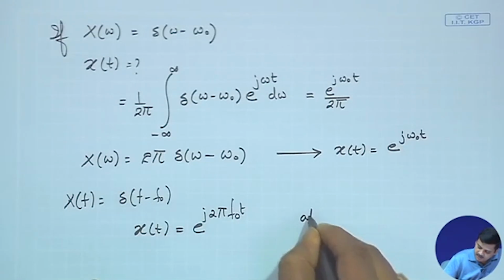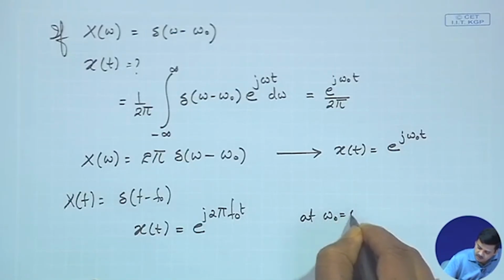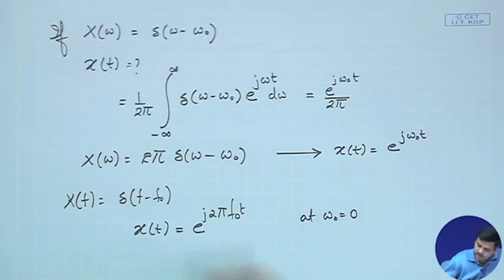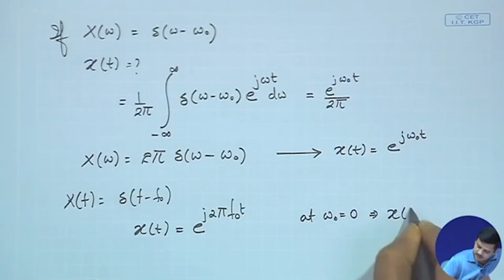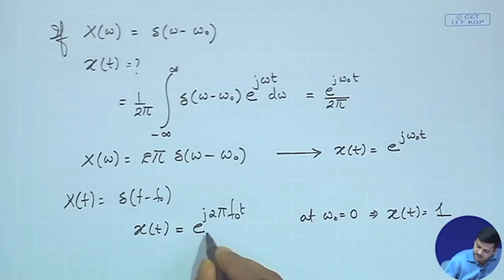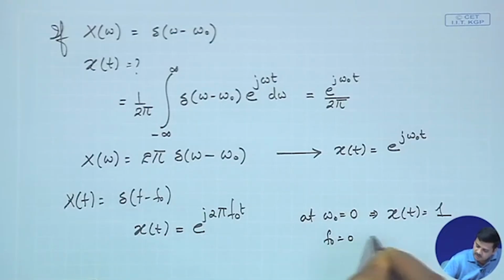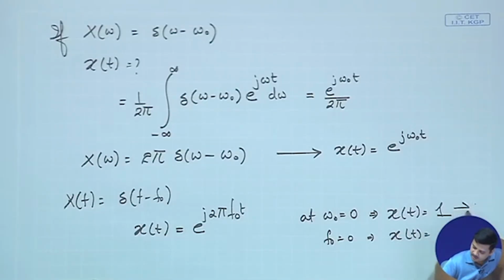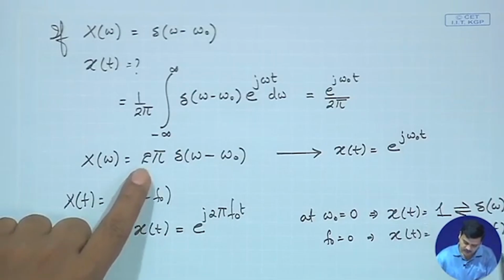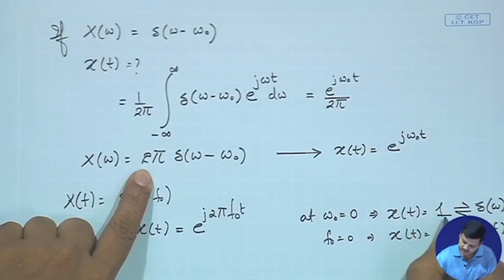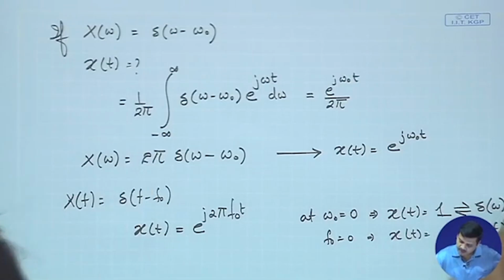And if I say omega naught is equal to 0, what we get is x of t is equal to 1. So, x of t equal to 1 corresponds on the other hand to delta of omega, and here to delta of f. Of course, we have this 2 pi associated with this. So, if there is 1 on this side, we have a 2 pi associated here.